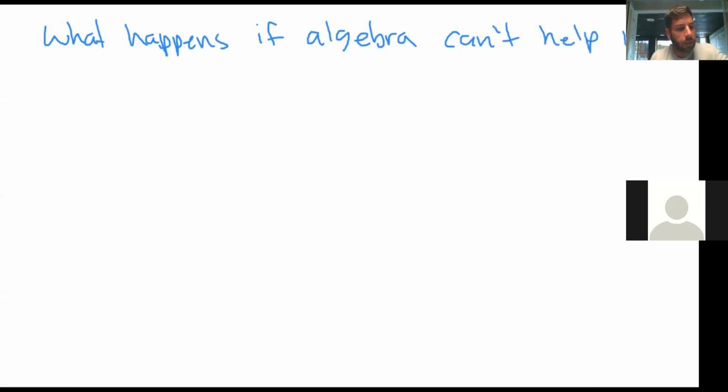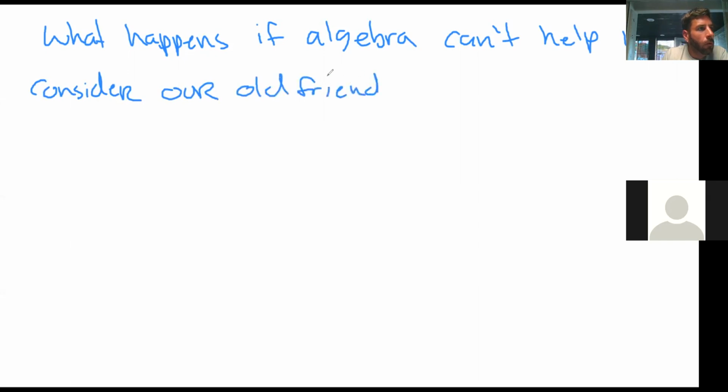So we have an example that we can sort of get on. You might remember our old friend: the limit as x goes to 0 of the sine of x over x.